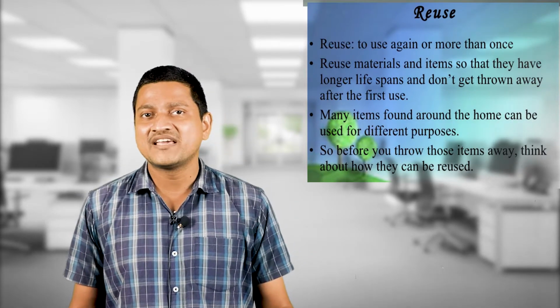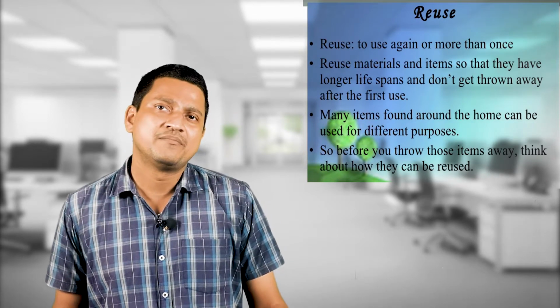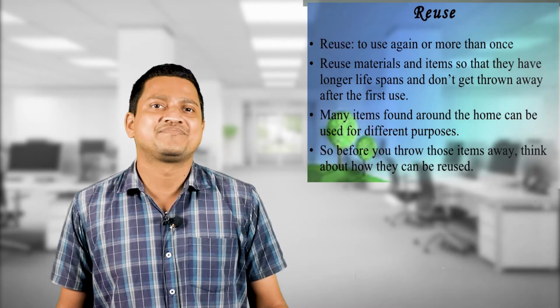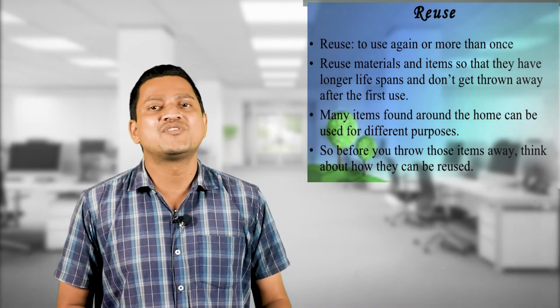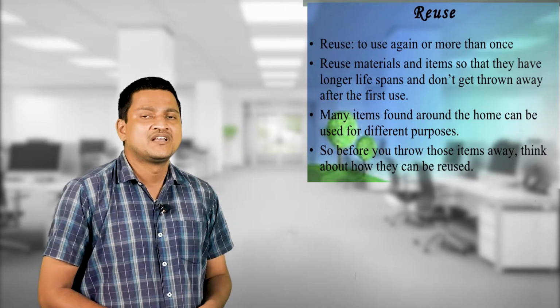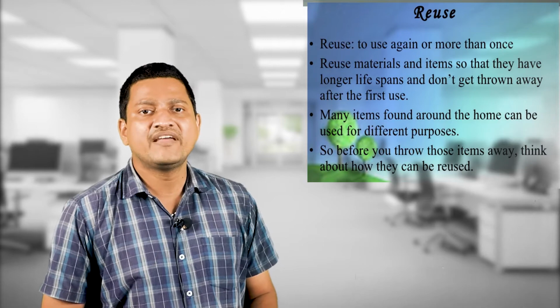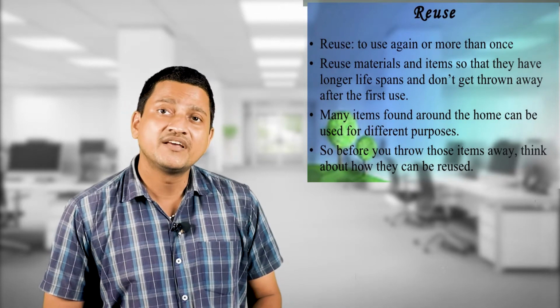Is it correct or wrong to use a single mask many times? You discuss. Many items found around the home can be used for different purposes, so before you throw those items away, think about how they can be reused.